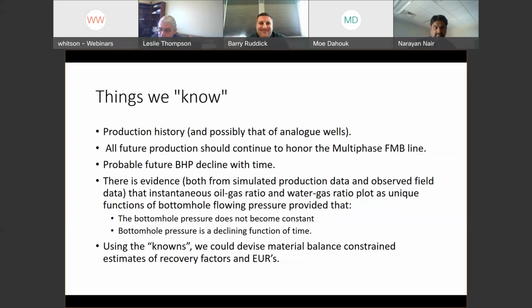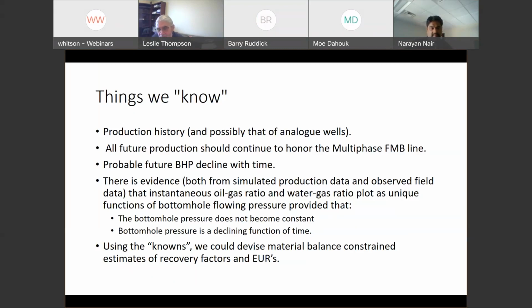It turns out, as usual, that both of us were right and both of us were wrong at the same time. He wrote a paper about these ratios, and he linked these ratios to the size of the reservoir. The thing is that he ran all the simulations on which he based his paper at constant bottom hole pressure. So he took that out of the equation.